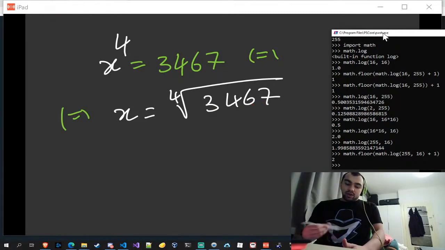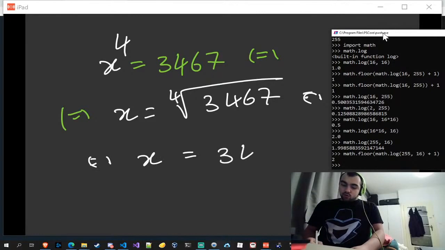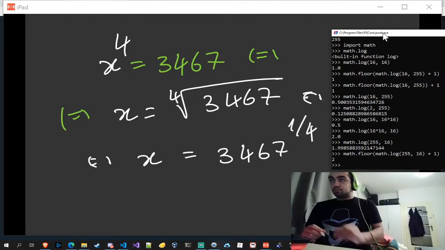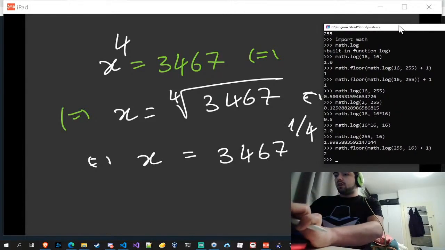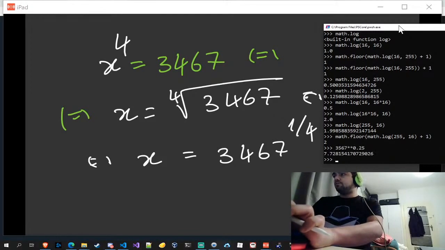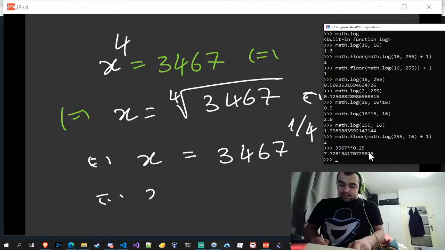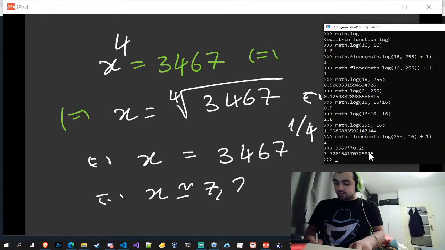Now a way we can rewrite this is by saying that x equals 3, 4, 6, 7 raised to 1/4. If we do 3, 4, 6, 7 raised to 0.25, we get 7.72 something, so x is approximately 7.73.